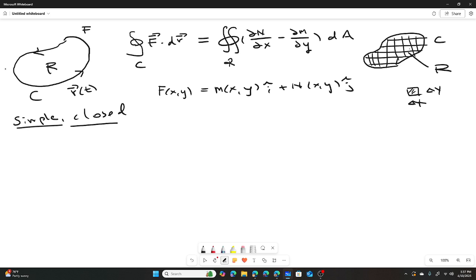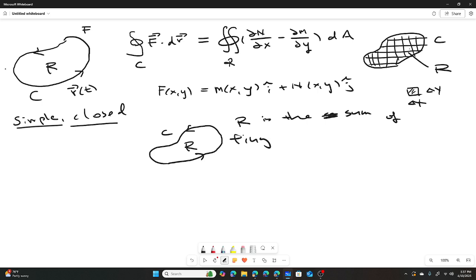If you have a curve, counterclockwise of course, the one assumption that we should have is that the area defined by the C is R, and that R is the sum of tiny rectangles defined by delta x and delta y.